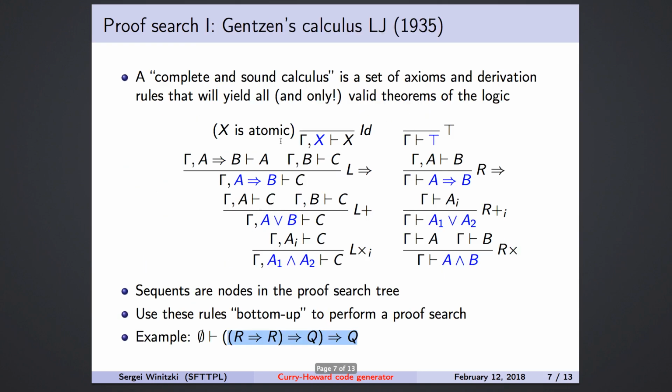Well, the rule left implication applies to it. Because now left implication is the only rule that can do something when you have a premise on the left that has an implication. Now I put this in blue. So in blue are the interesting parts. And you match on what is on the left with the blue or on the right with the blue.